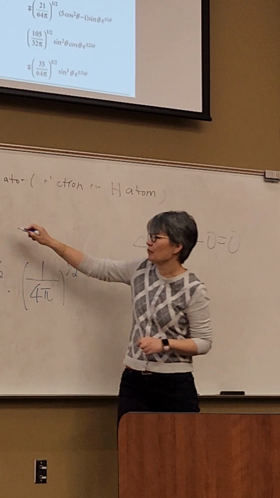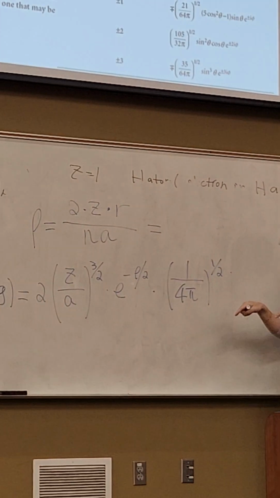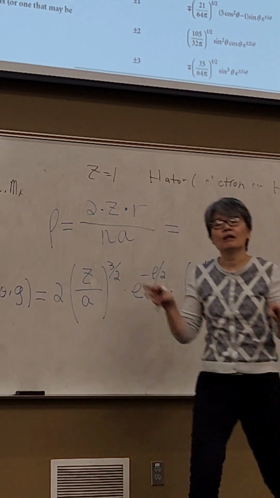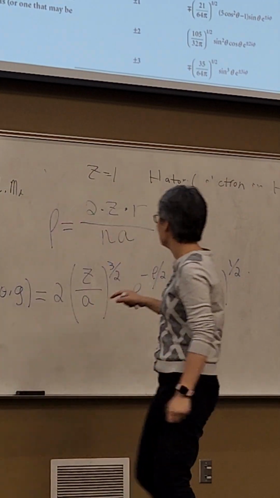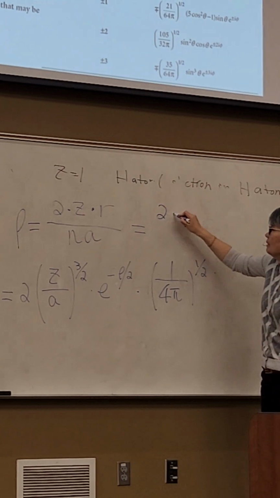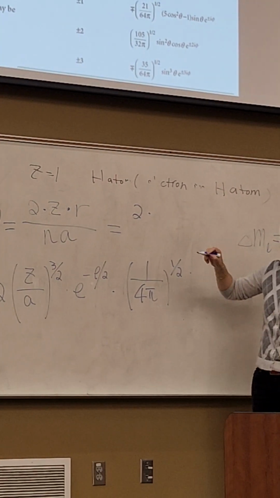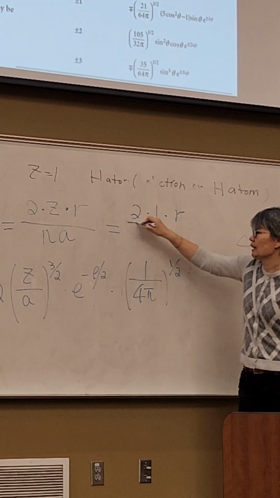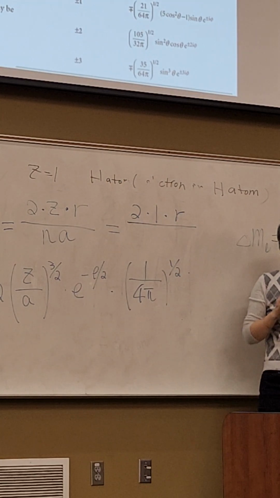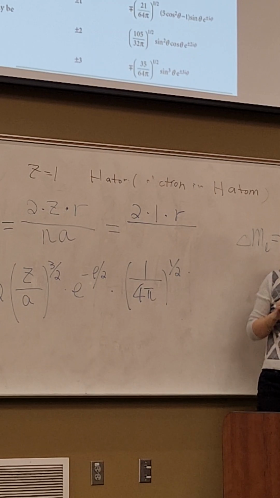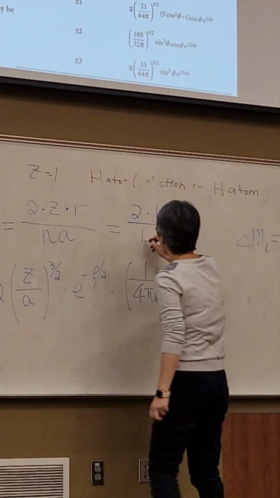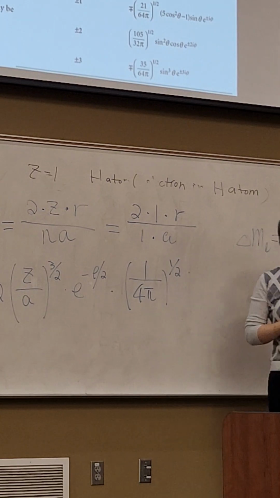Okay, now we're looking at this particular system, the question that I have, the ground state for the hydrogen atom. Now how are we going to substitute? 2 times Z equals to 1, then r is my variable, divided by, what is the n value here? 1, because I said this is my ground state, so I substitute the 1 here, times the a.